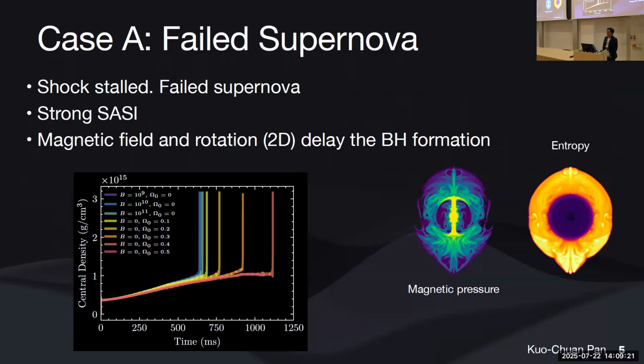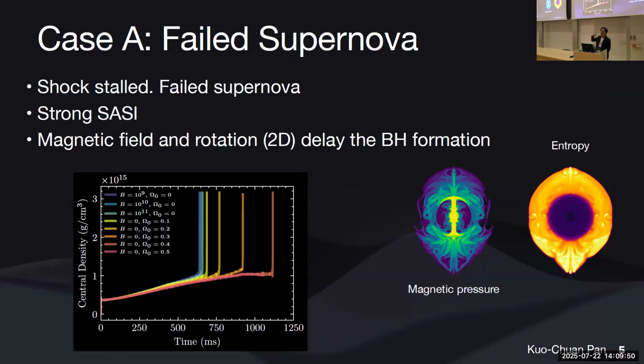Okay, so doing this, one morphology, as I mentioned earlier, is the failed supernova case. We can see that the purple and blue lines are cases with magnetic field of different strengths, and from yellow to red, I increase rotation but without magnetic field. For the cases with magnetic field, because it's 2D, we know that sometimes rotation can suppress the convection.